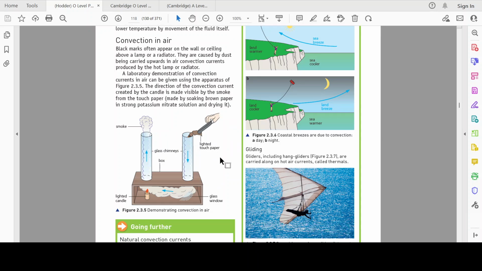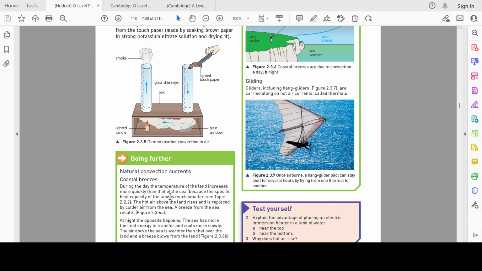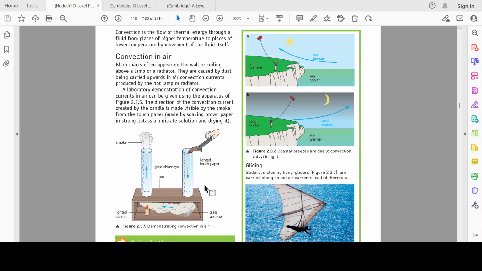And that's the same reason why, although this is a going further topic, you get land breeze and sea breeze.